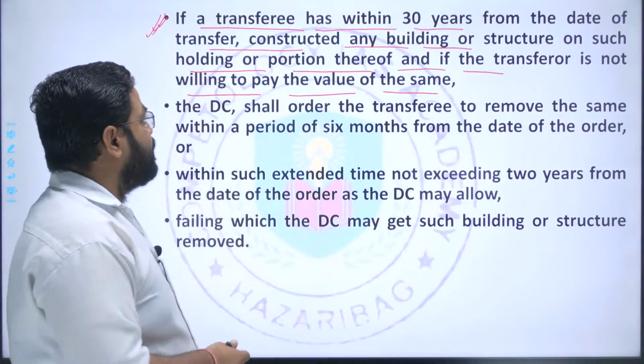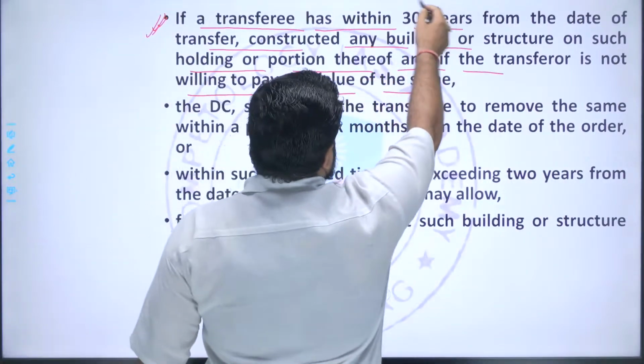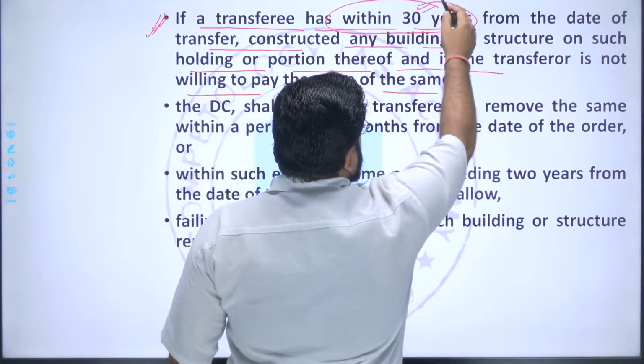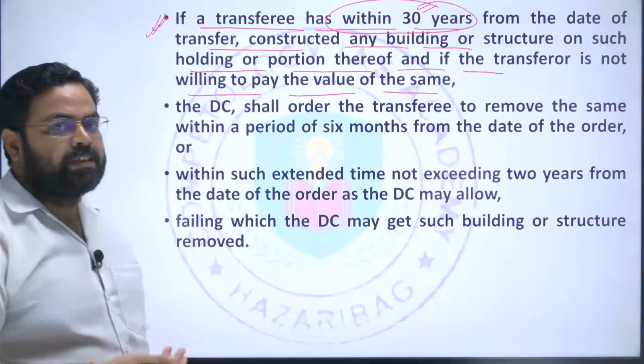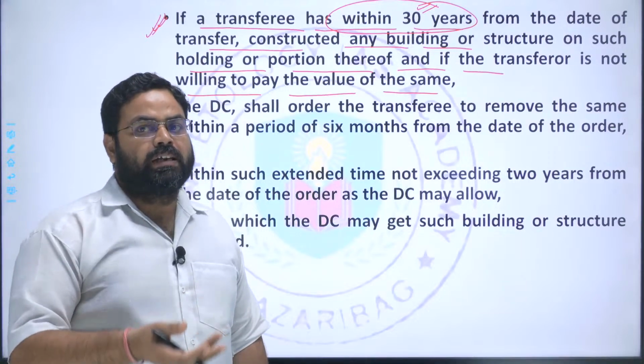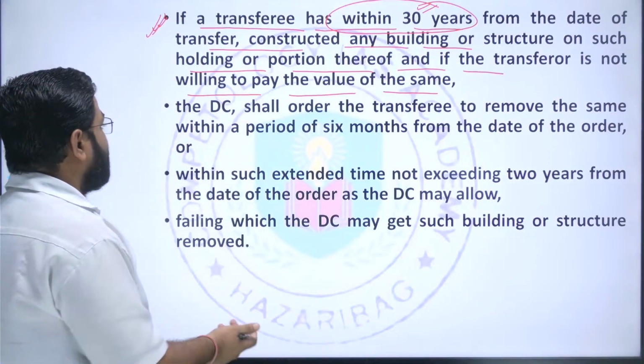But in case within 30 years of transfer, if some kind of construction, some kind of building or something like that had been erected on that land, then in such case what will happen?